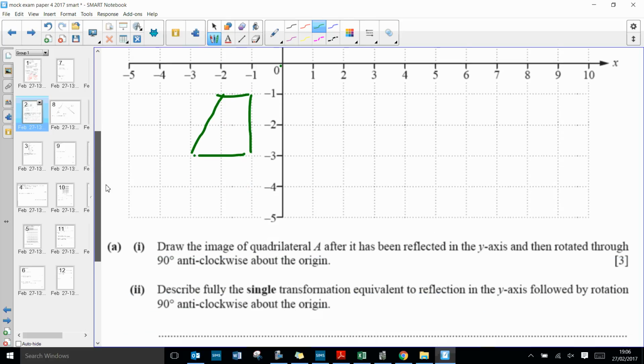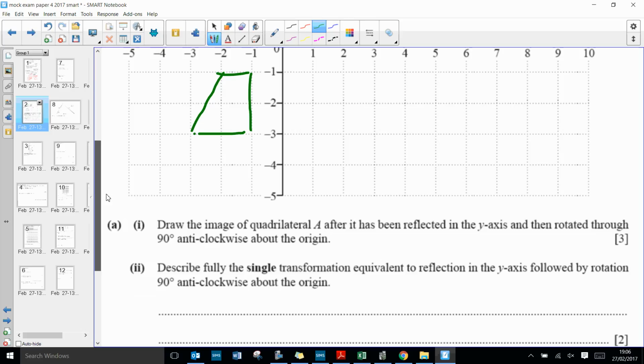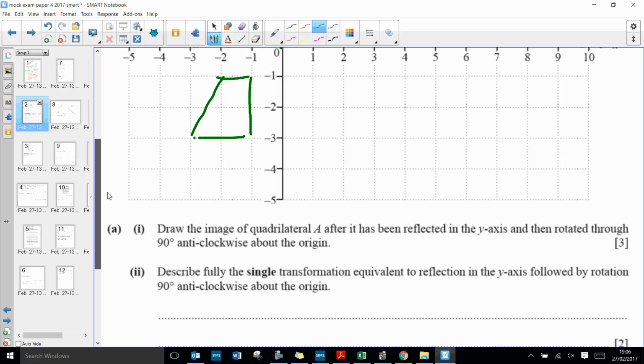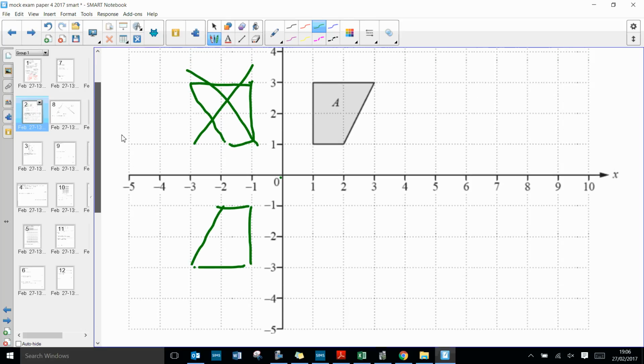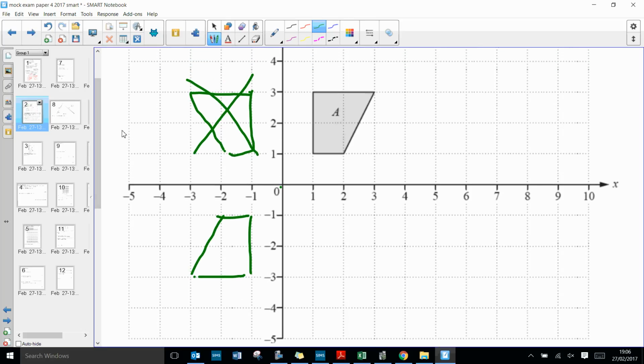So describe fully the single transformation equivalent to the reflection in the y-axis followed by the 90-degree anti-clockwise. So, I think I've drawn that incorrectly. I have drawn that incorrectly.